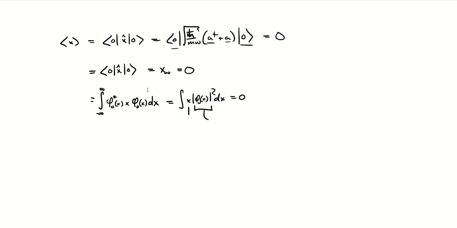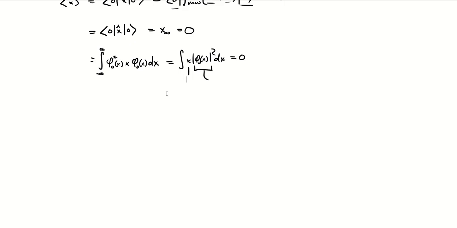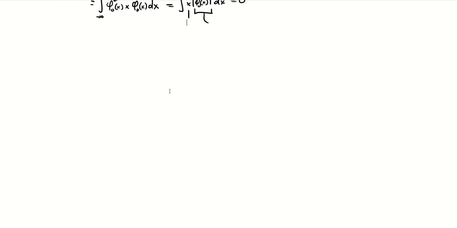But we have one more representation to look at, and that's the momentum space representation. If you remember, our eigenstates can be written in momentum space, where we have a wave function, but rather than being a probability amplitude in position space, it's in momentum space.